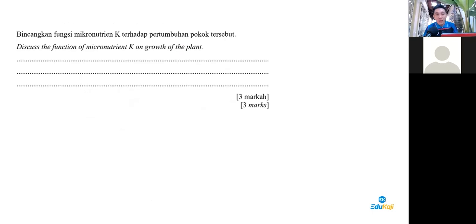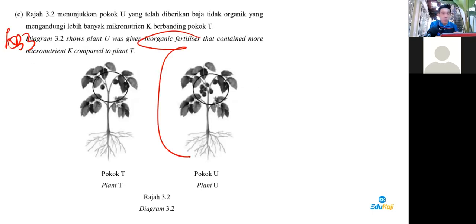So the function of K, you can see, very obvious would be the fruits lah, guys, the fruits. Oh, but they want 3 marks. So if they want 3 marks, you have to elaborate a little bit more.